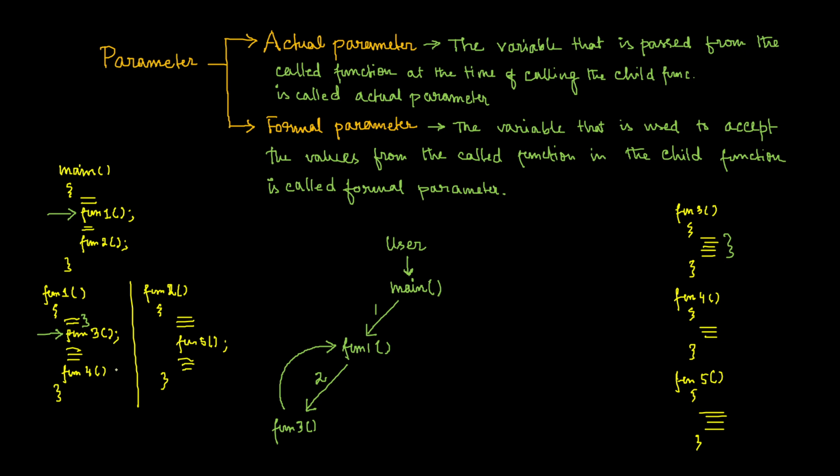Function 1 has called it. At the time of calling function 3, we have seen the control go from function 1 to function 3, and after completion of function 3's code, the control returns back to function 1. That's why it will execute these 3 lines of function 1 again. And again the processor will see there is a function call, that is function 4. So basically it will call function 4.